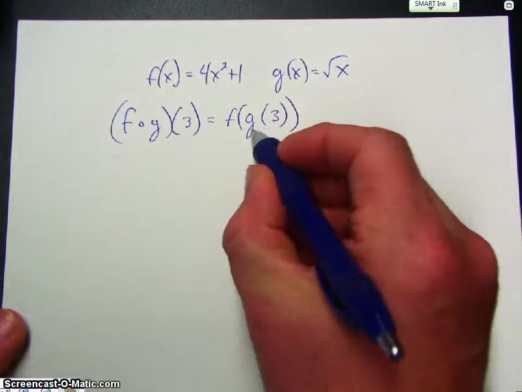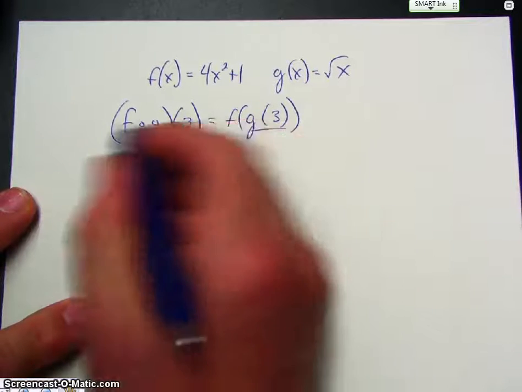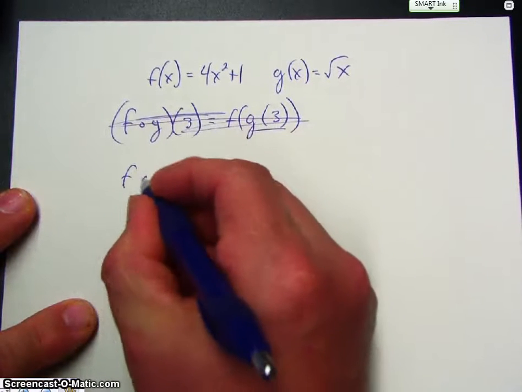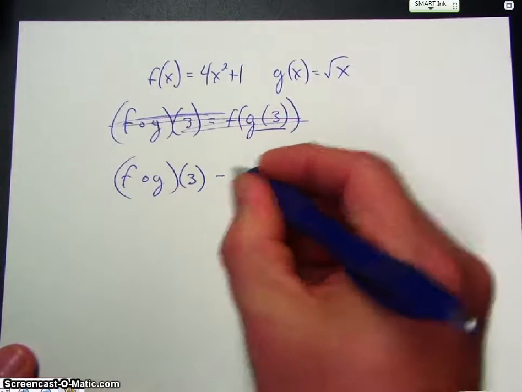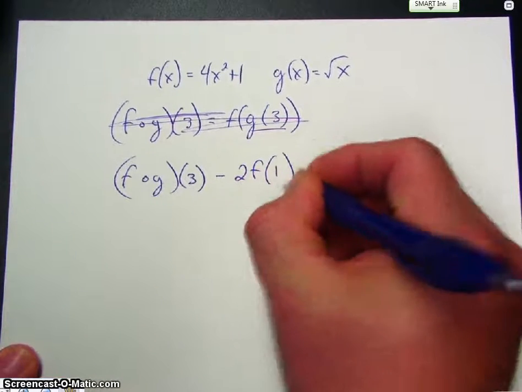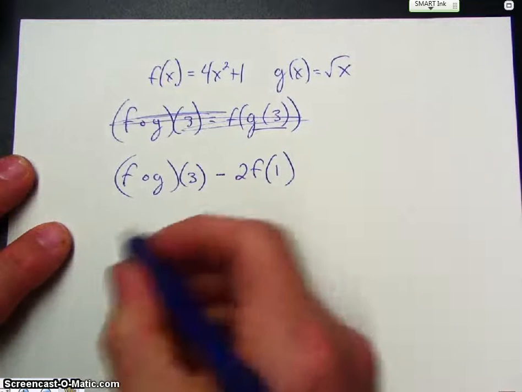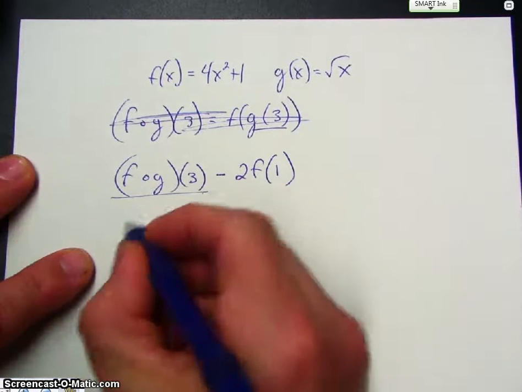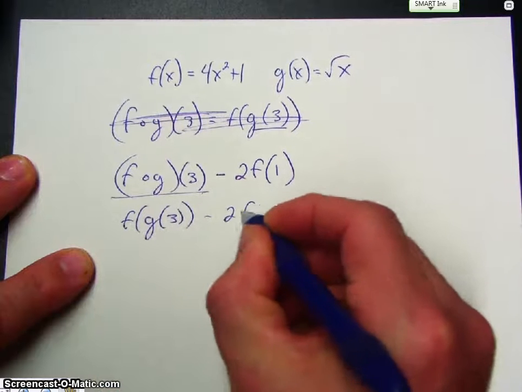Oh, I'm sorry, I don't want to do that yet. f of g of 3 minus 2f of 1. There we go. Gotta make it fun.